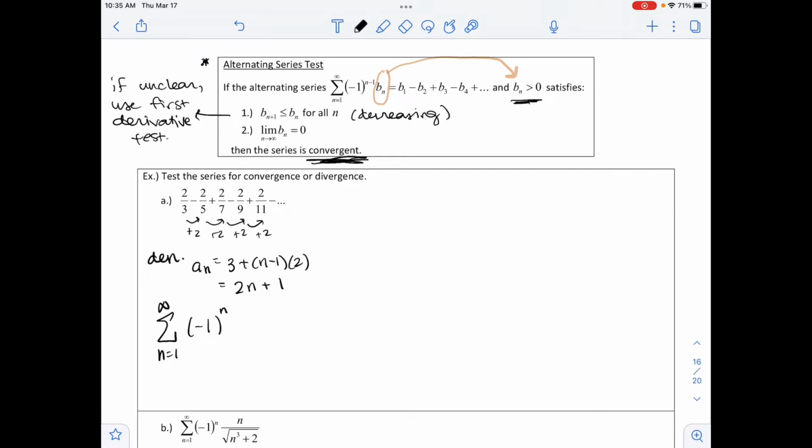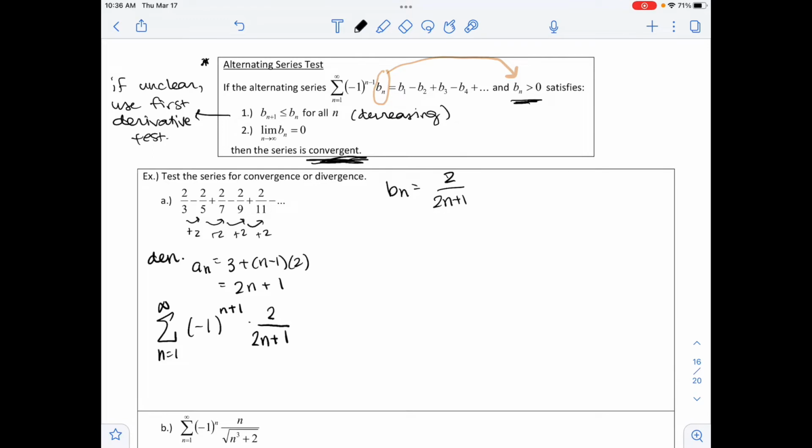You can either add 1 or subtract 1, so I'm going to just put a +1 here, times my function, which is 2 in the numerator over 2n plus 1. You can always check this by substituting in different values of n. Substituting n is 1, make sure we get 2/3. Substituting in n is 2, make sure we get -2/5, and so on. So our b sub n is equal to 2 over 2n plus 1.